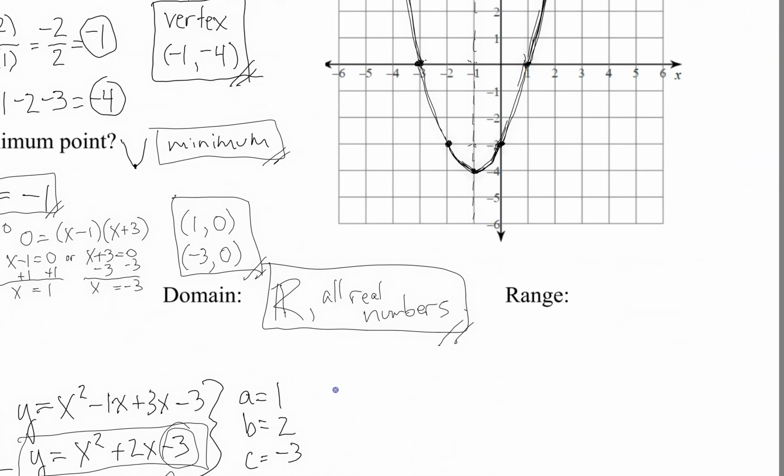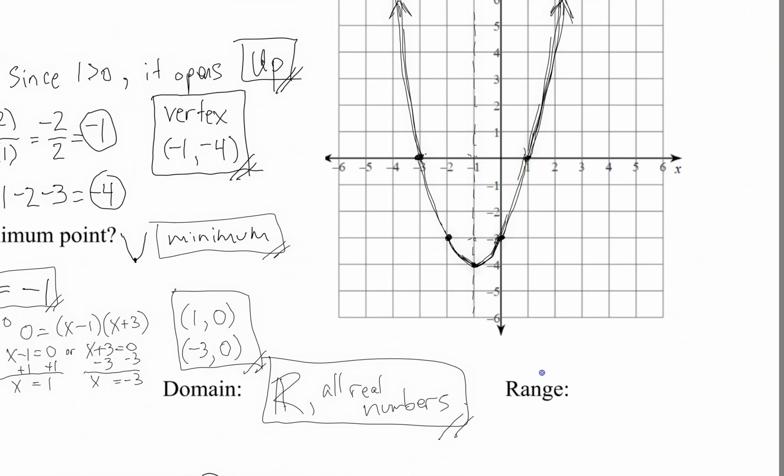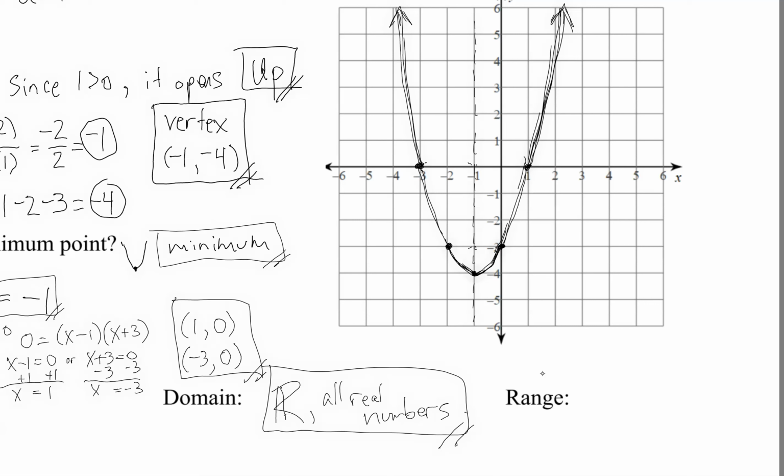And then the range starts at y equal, remember that the domain is all x values, and the range is all the y values. And so it goes y is greater than, because it goes up, or equal to -4.